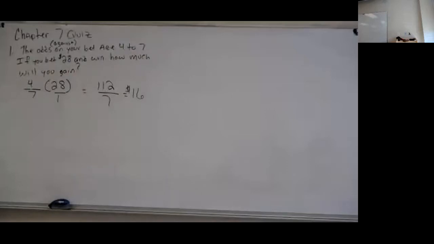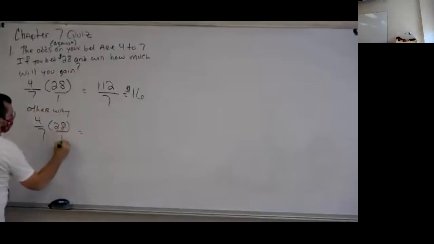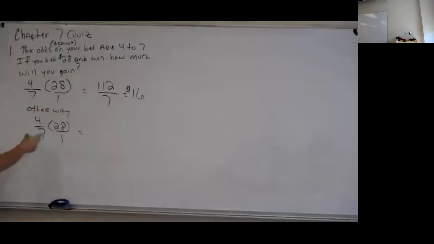Okay. Now, another way to work this. I'll still put a 1 under that 28 and make it look like a fraction. But I think what you're talking about is reducing the numbers. That's what I was thinking about. So the 28 and 7 would reduce by 7s each.